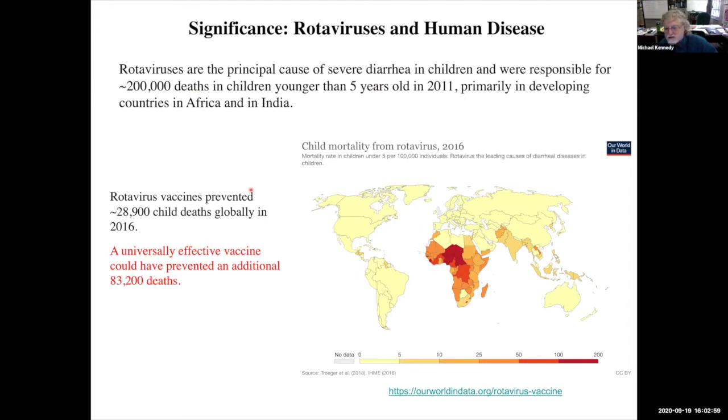In around 2006, 2008, 2 vaccines were introduced that reduced the burden of death. In 2016, it was reported that the vaccine saved around 29,000 child deaths, but also reported that a universally effective vaccine could have prevented an additional 83,000 deaths.